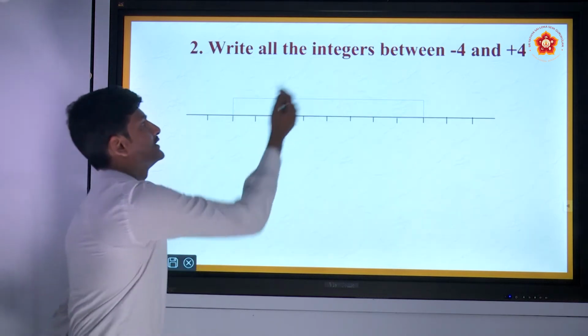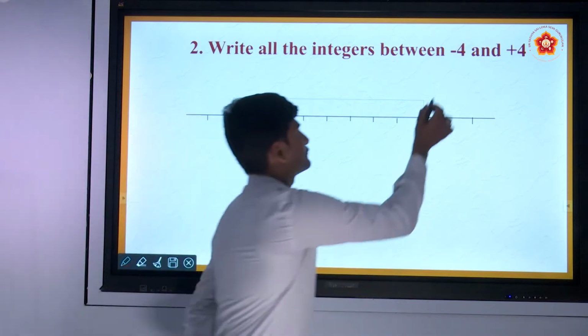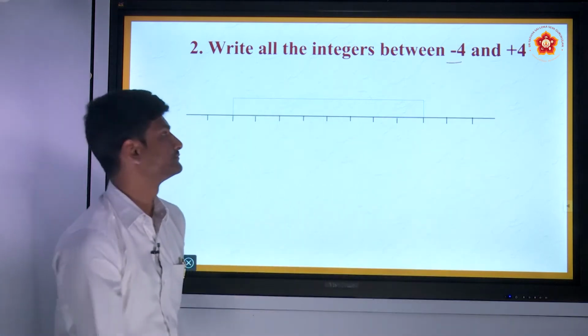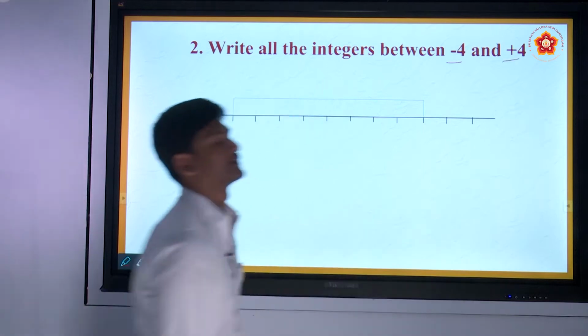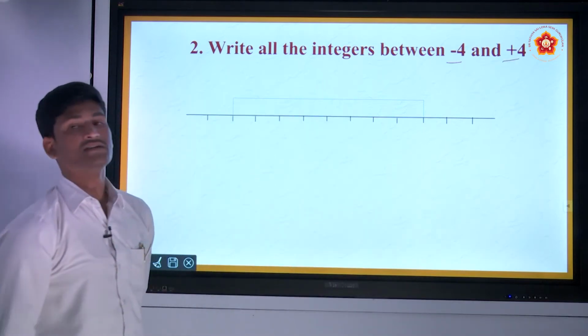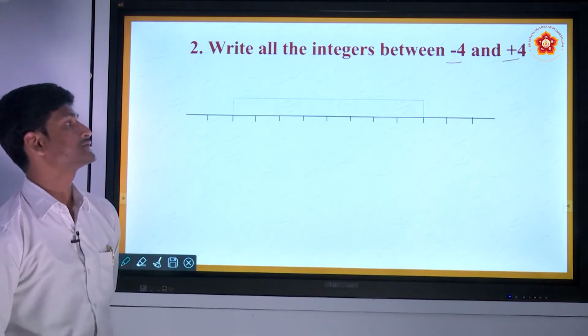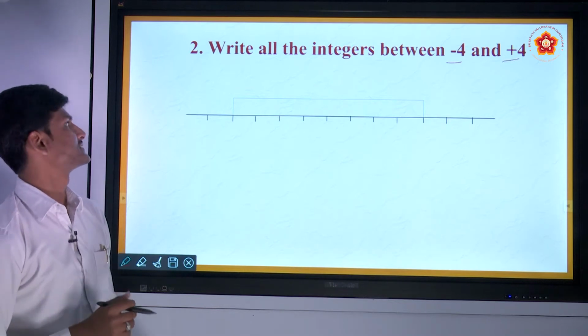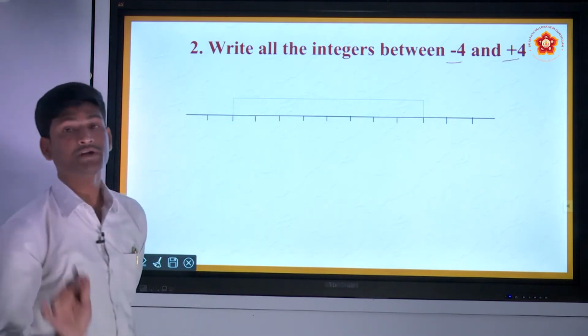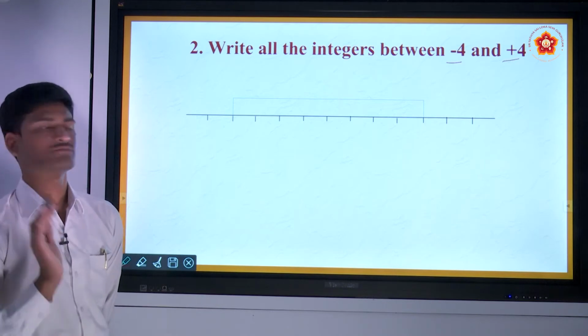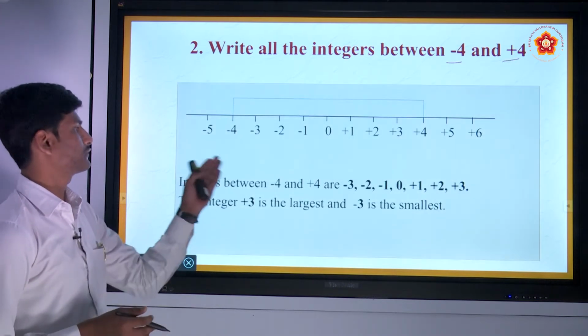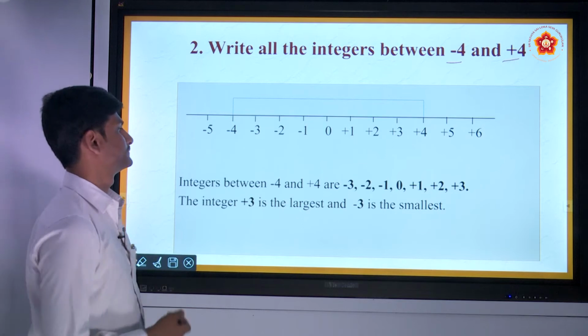Then write all the integers between -4 and +4. Here -4 is a negative integer and +4 is a positive integer. Write all the integers between -4 and +4. First, we draw a number line.